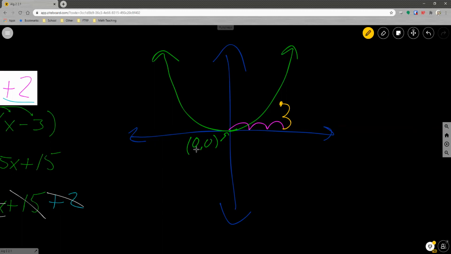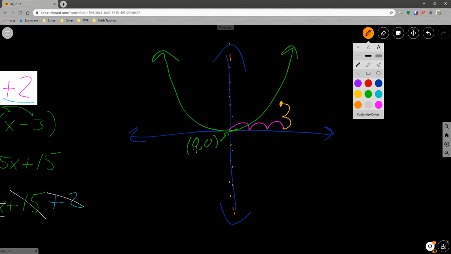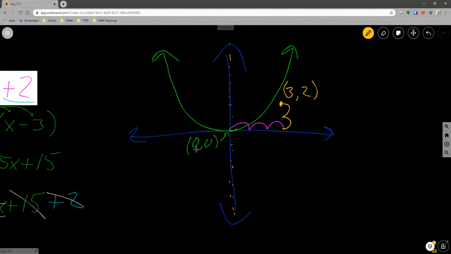But remember, the last thing I did is I reflected over the y-axis, which means this point right here, this yellow point, which would be at 3, 2, got moved from the right side over to the left. It got reflected over here somewhere.